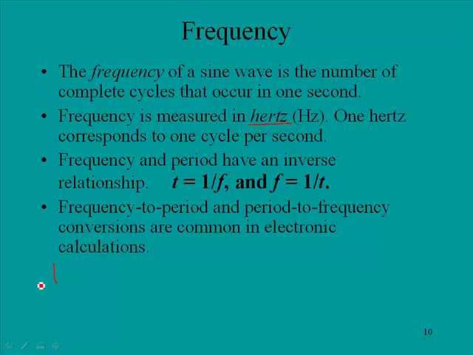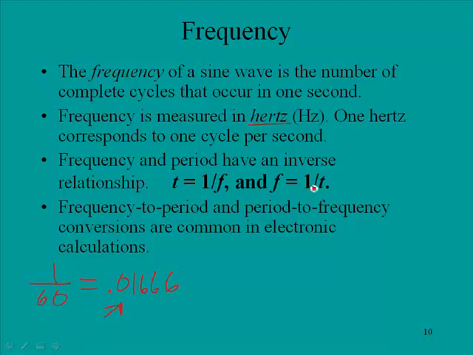We said 1 over 60 equals 0.01666. Actually, that's how we would read 16.6 milliseconds, but on a calculator it would come up looking like that. And that's the fractional equivalent of 16.66 milliseconds.